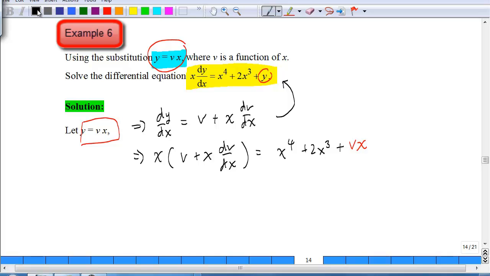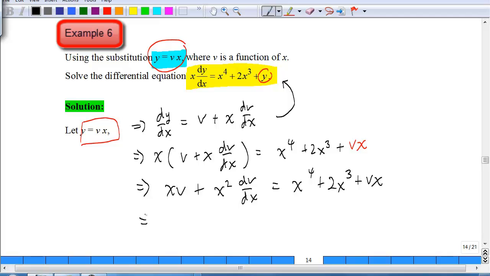If we simplify this, you will have xv plus x squared dv/dx, and on this side you will have x to the power 4 plus 2x cubed plus vx.